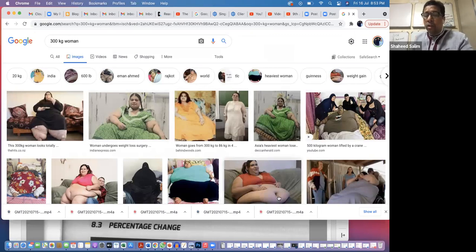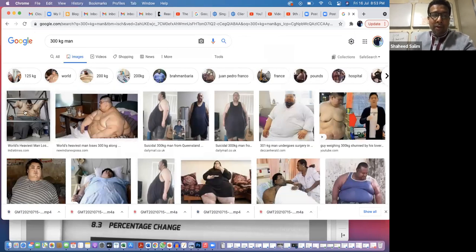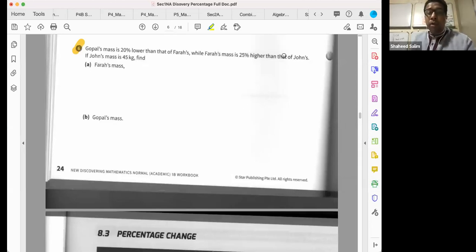Even the belly button, you could put your whole hand inside and pull out an apple. 300 kg is very fat. See how many layers? You could put your textbook underneath one of the folds and bring it to school like that. You don't need a bag. So you must understand 300 kg is very heavy. So Farah cannot be 300 kg. Why? Because John is 45 kg. Farah is just 25% more, just a quarter more.